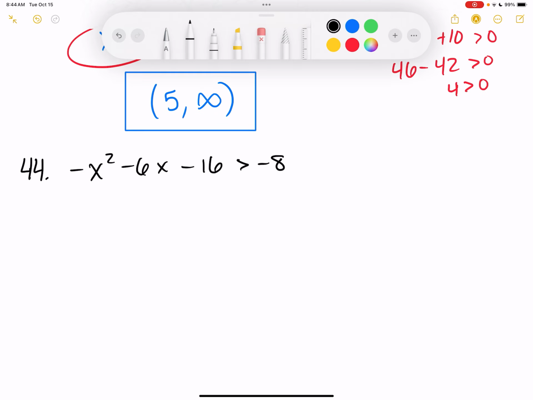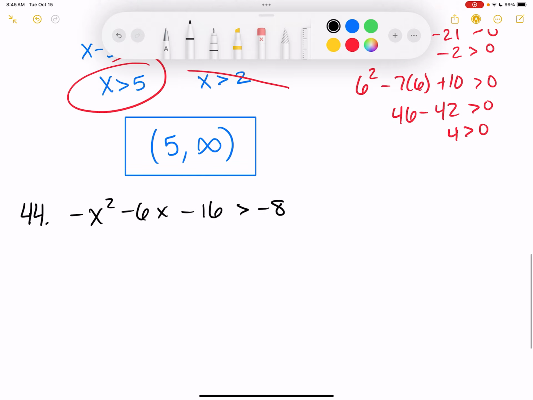What do you notice about this problem? They're all negative. What else? You can factor it. Maybe.